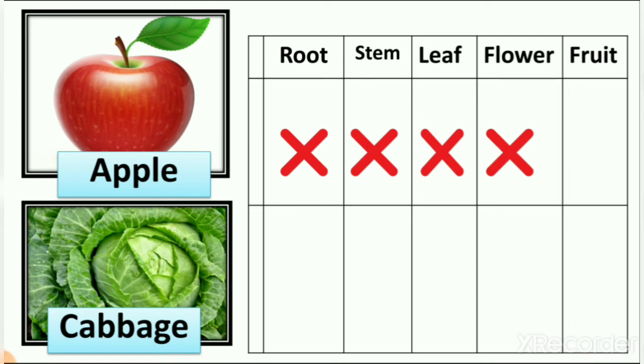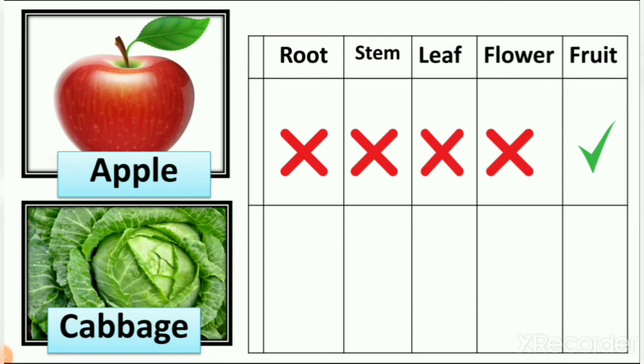So what do we do in the fruit box? Right or wrong? Right. Why? Because apple is a fruit we eat. So we put a right mark here.